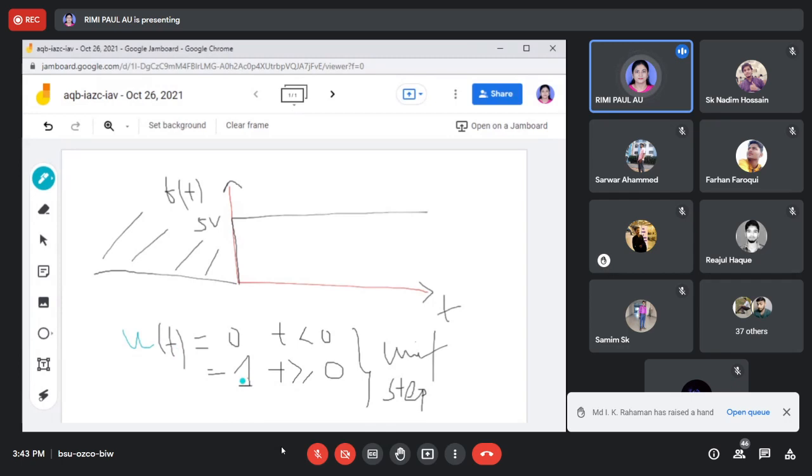So it will be t, as it is. So whatever signal you multiply with the unit step function, it will have the same magnitude. But what will be the difference? The difference is that we are only considering the positive part, because in the unit step function you can see that magnitude is 0 when t less than 0.